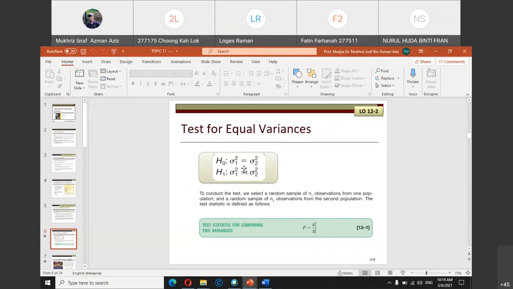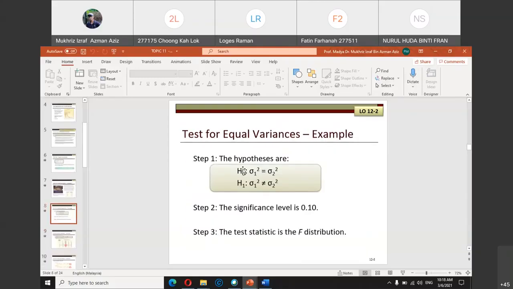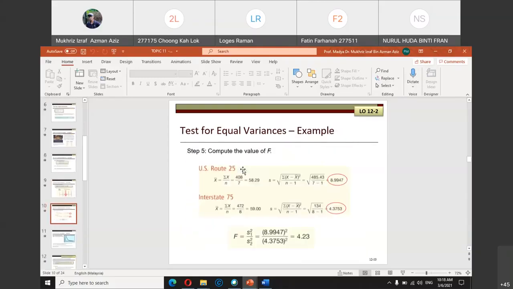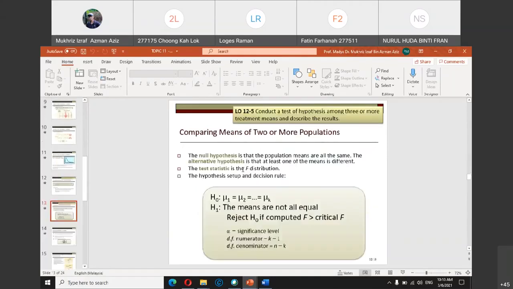So this is only meant for two populations. In the later part of our syllabus, for chapter number 10, when we go back to the actual ANOVA table, we will go back to the normal testing of the mean.